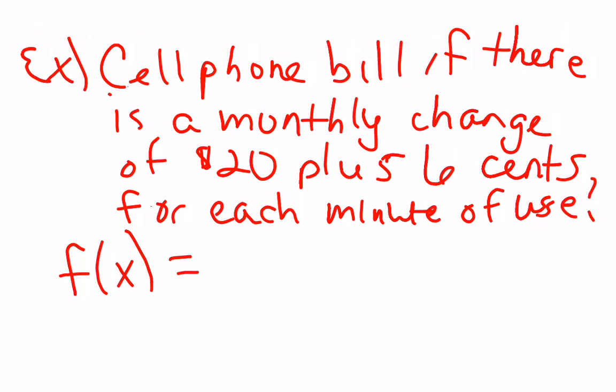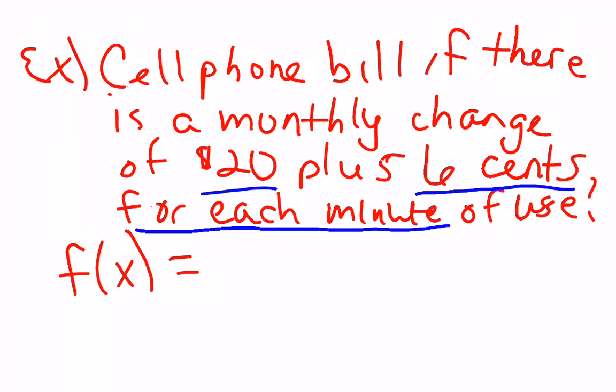So let's think about this for a second. So it has a monthly charge of $20. So they're going to pay $20 regardless. But then it says 6 cents for each minute of use. We don't know how many minutes they're using. So that's going to be our x. But 6 cents, how do I write that in dollars and cents, right? Not just 6 cents.